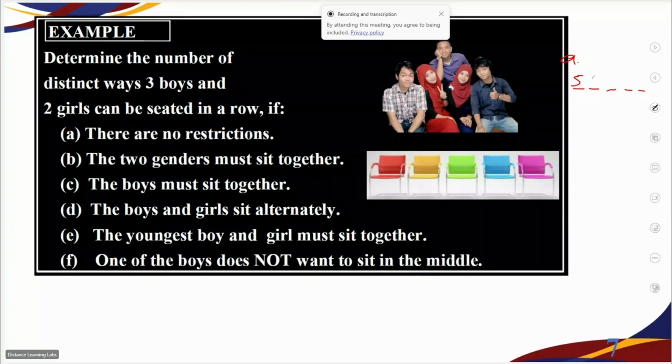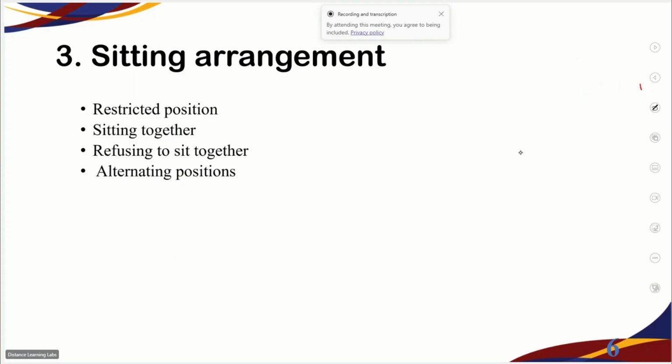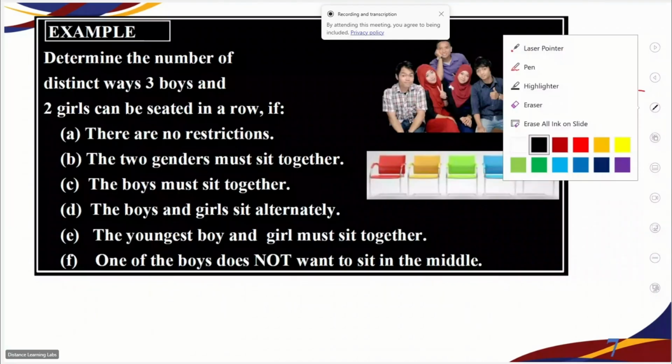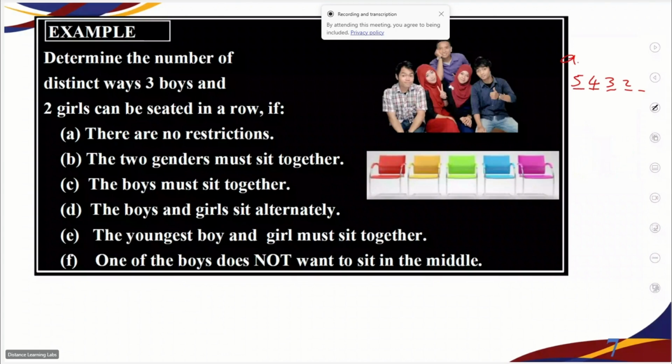Meaning here we are going to write 4. That 4 means there are 4 people that are competing for that seat. 1 of the 4 sits there, then we are left with 3, 2, and then there would be 1. So, 5, 4, 3, 2, and then we also have 1 here.